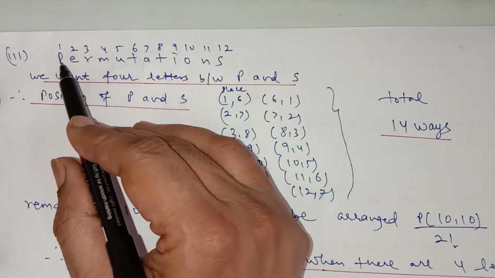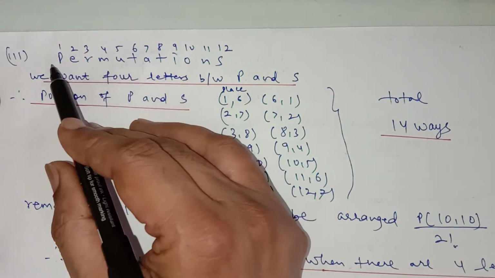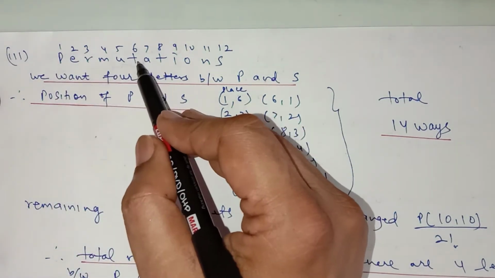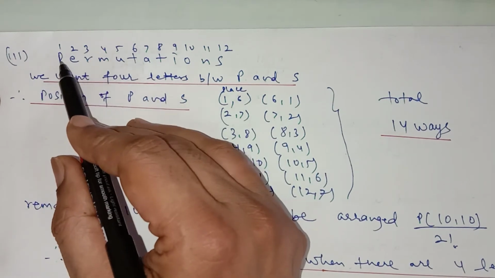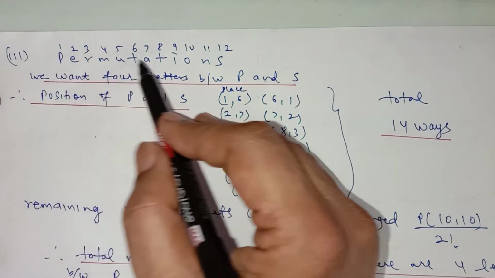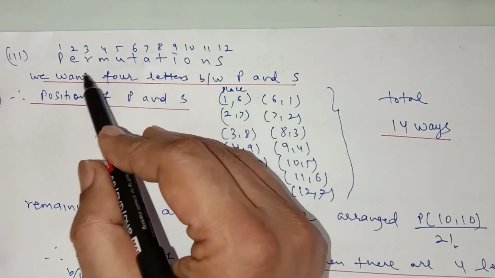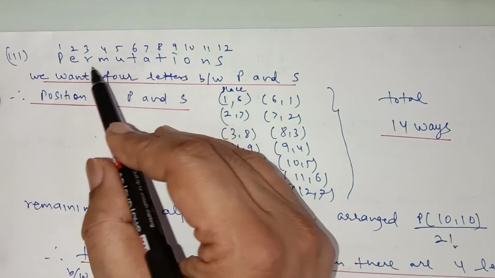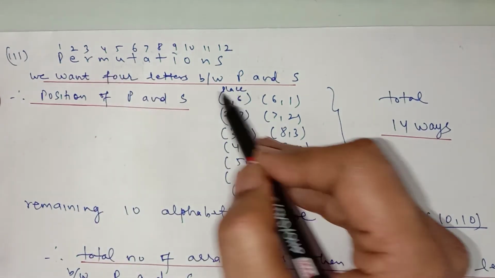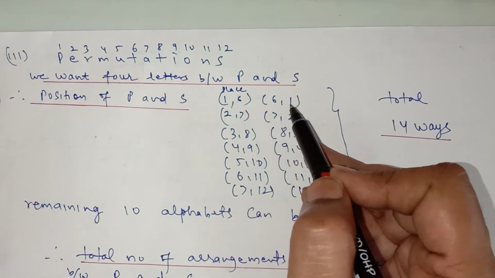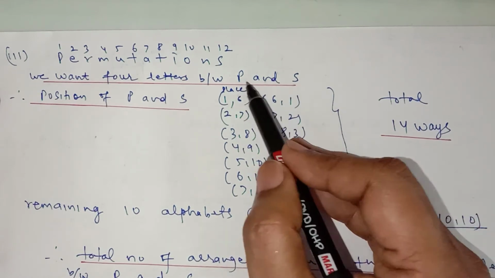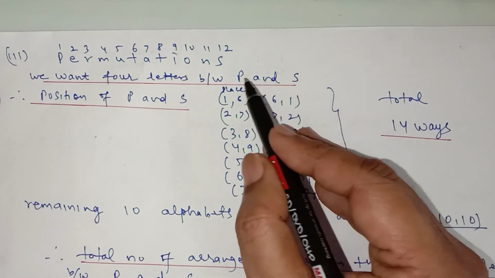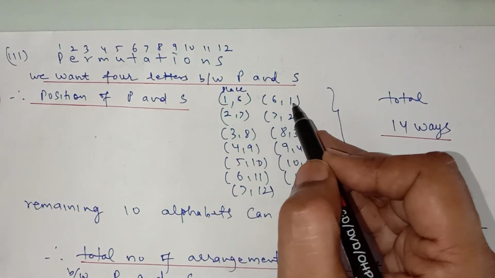It means there is a first way in which 4 alphabets will be there: P at the first, and at the sixth place S. Now we can interchange them, that is, at the first place S should be there, and at the sixth place P should be there. So between P and S, 4 alphabets can be arranged in 2 ways like this. This is the first option: first and sixth position P and S, and sixth and first position again S and P. So there are 2 ways.